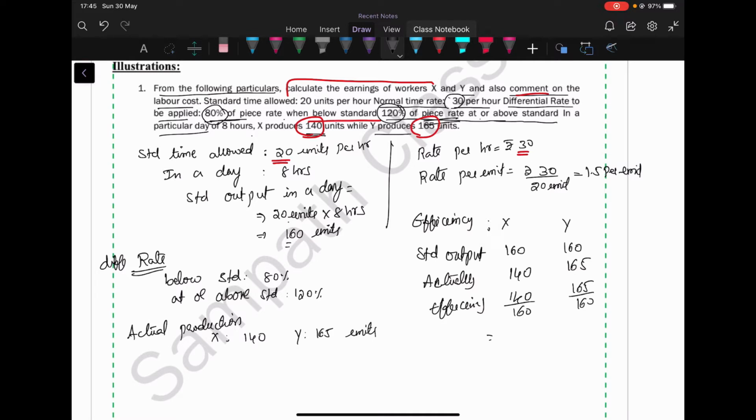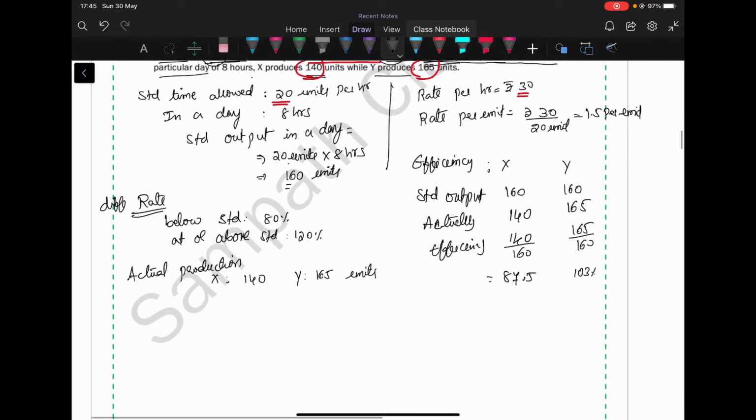This is 140 divided by 160, which is 87.5 percent. 165 divided by 160 is 103 percent. It means this person is below standard, and this person is above standard.